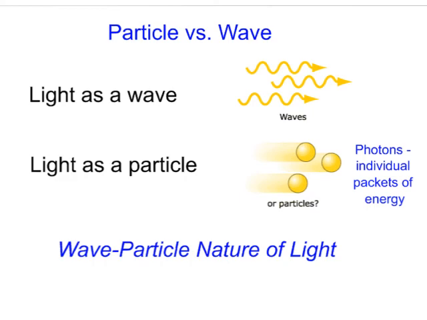And how can that be? It is the wave-particle nature of light that is a special property of light. It's just very unique. When we discuss light as a particle, we discuss it as individual photons, or little packets of energy. That is how it transfers energy from one location to another, through photons.